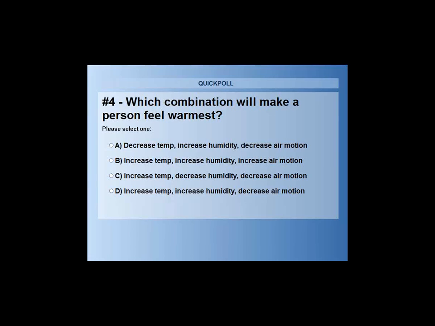C, increase temp, decrease humidity, decrease air motion. And D, increase temp, increase humidity, decrease air motion. So it's a little bit of a long worded one. But just try to think it through and which would make you more comfortable. Increasing or decreasing temp, increasing or decreasing humidity, increasing or decreasing air motion. Which will make you feel warmer?